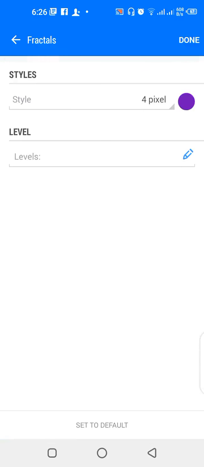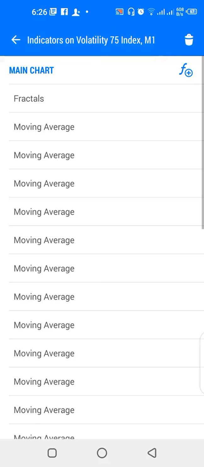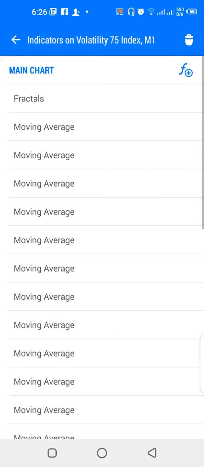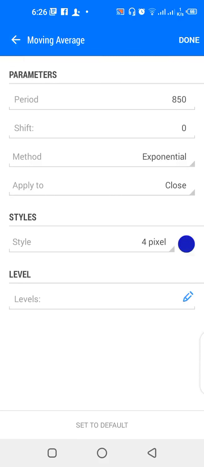First we have fractals. The first moving average, we have 100 EMA, color is orange. Second moving average, we have 850 EMA, color is blue, which is part of the trend identifying moving averages.